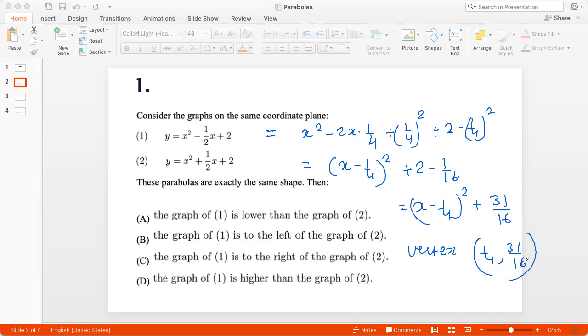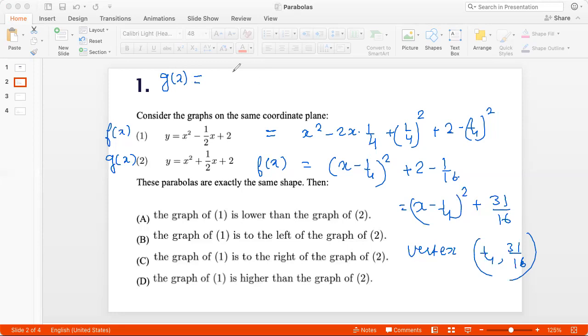Now, what will be the equation for the second graph? So let's say the first graph is f(x) and the second graph is g(x). So this was the equation for f(x). Let's write g(x) here. We'll do the same thing. We'll add the square of 1/4 and subtract the square of 1/4.